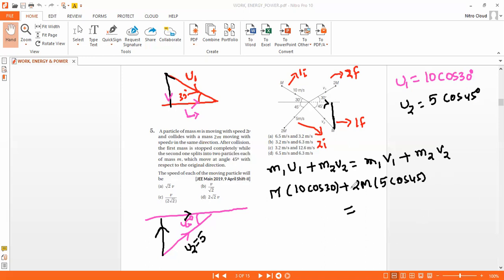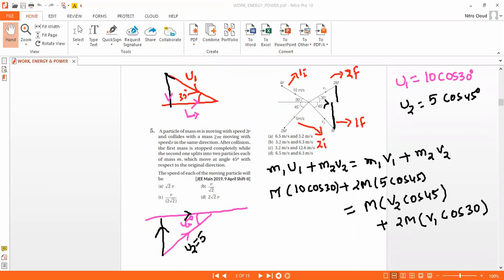So I can write capital M into v2 cos 45, plus 2m. If I draw a perpendicular here, I can get v1 cos 30. Is it fine?